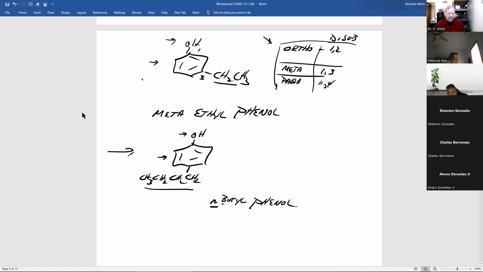In the alkyl groups, n should always be lowercase, in n-propyl and n-butyl, because we'll learn way down the road late in the semester, capital N means something else. Notice this is 1, 2, 3, 4. 1,4 disubstituted, and that's para-n-butyl phenol.